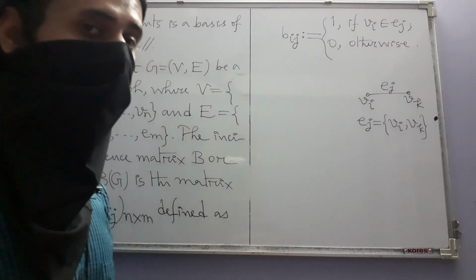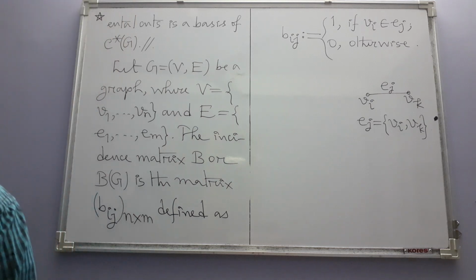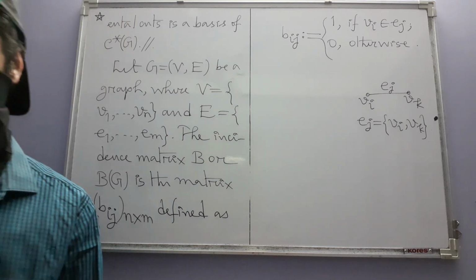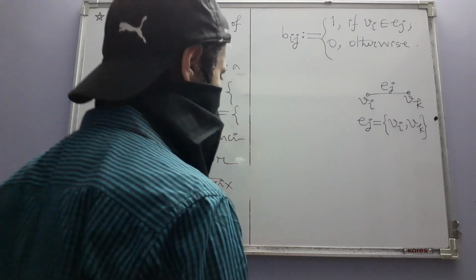Now let us consider one example. Let's see what happens if we take an actual graph and calculate its incidence matrix.